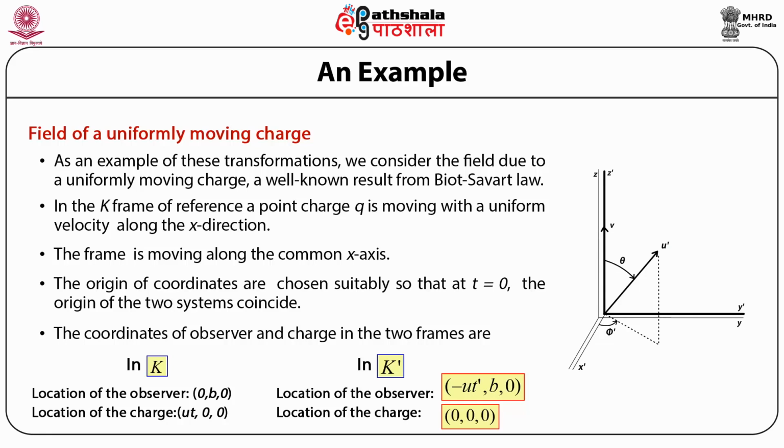While in the K prime frame of reference, that is moving with the charge, the location of the observer is minus u times t prime, b, 0, while the location of the charge is 0, 0, 0, because this K prime frame of reference is moving with the charge.